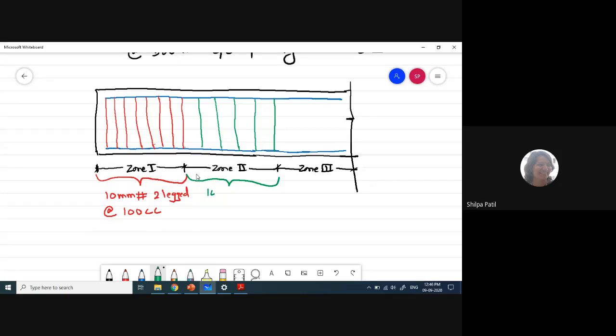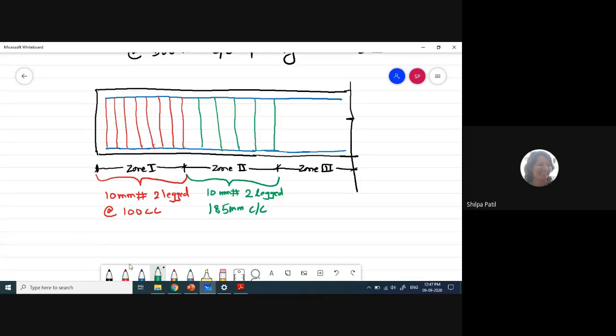So this is again 10 mm diameter, two-legged, center to center, 180 mm. Ma'am, 185. Okay, 185. Yeah, it is 185, correct.